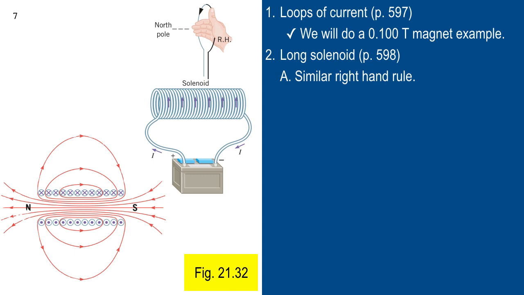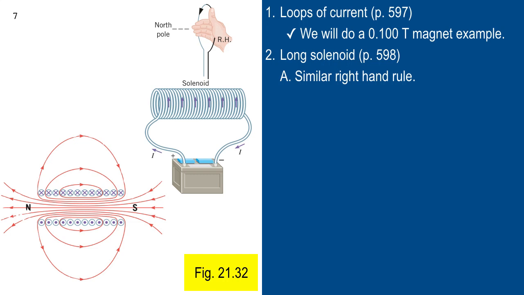Working in perspective with these three-dimensional forces and fields can be tricky. Anyway, the current comes out of the page down here, and goes into the page over here. So that means it's going around like this.